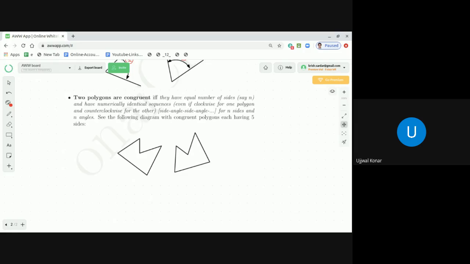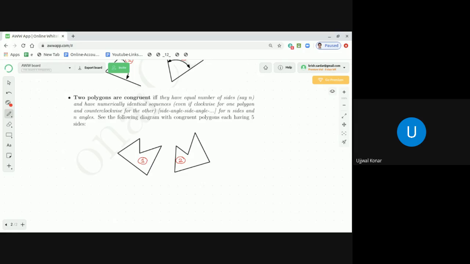Now, if you see the first polygon, dear students, and from the first polygon you make a little bit of rotation and translation, you get the second polygon. You take the first polygon, this is its first position, and then with a little translation and rotation, you get the second one.